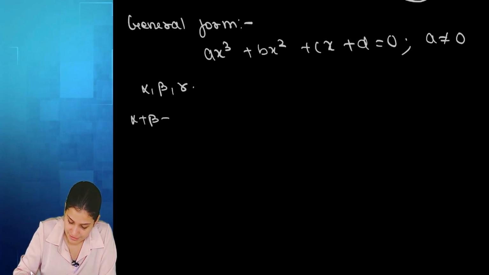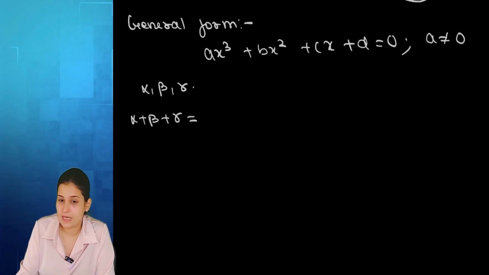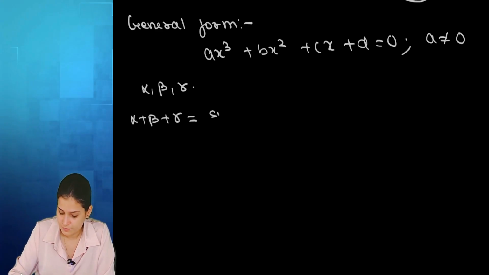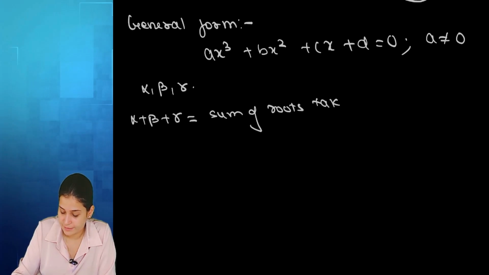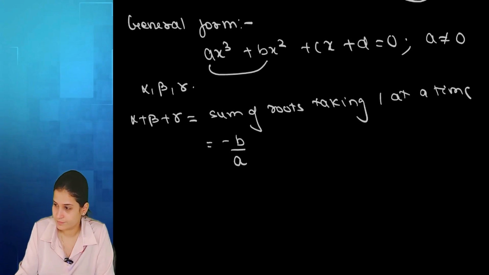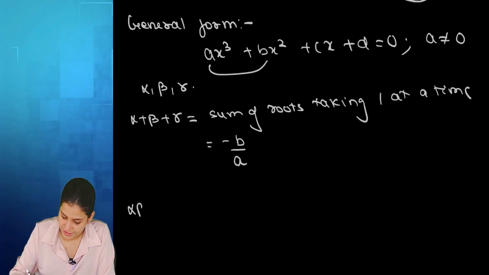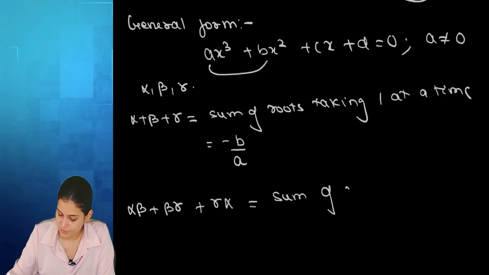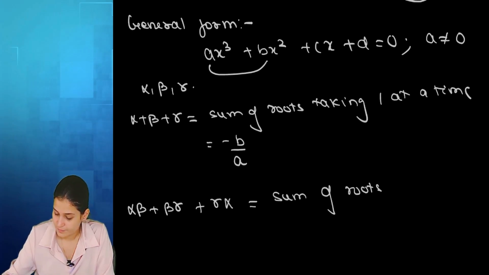Alpha plus beta plus gamma, the sum of the roots taking 1 at a time, will be minus b by a. Then alpha into beta, beta into gamma plus gamma into alpha, that is the sum of the product of roots.